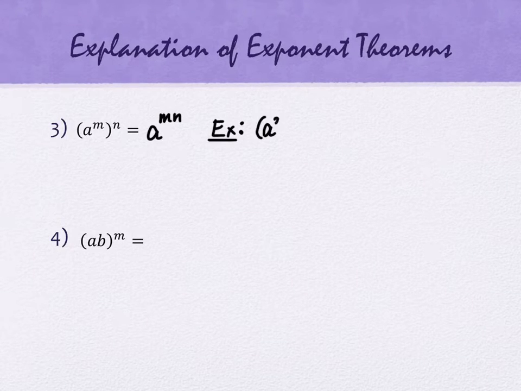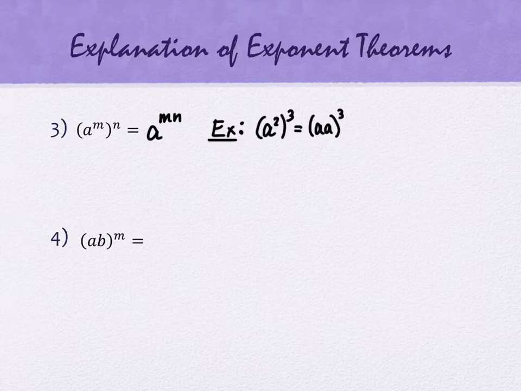We're going to do a squared cubed. Okay, well, inside the parentheses, a squared, that's just a times a, right? That's what a squared means. And then what does it mean to take a quantity and cube it?